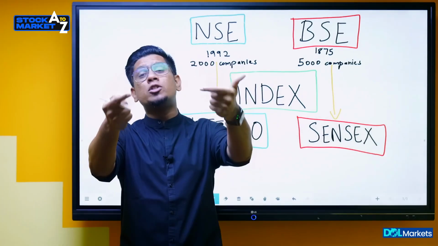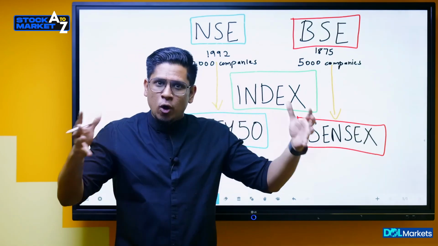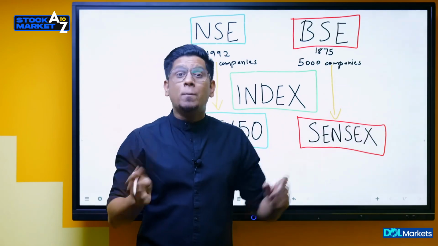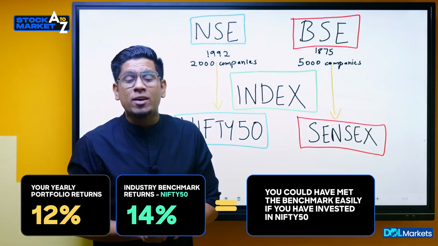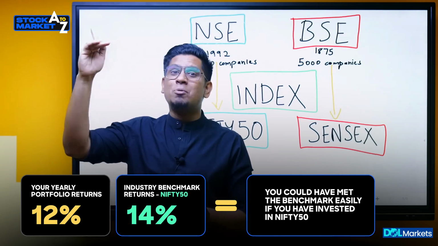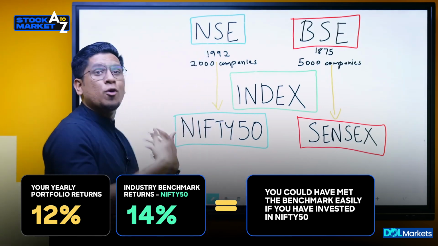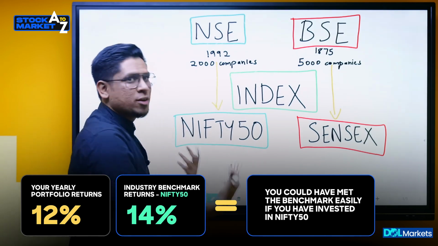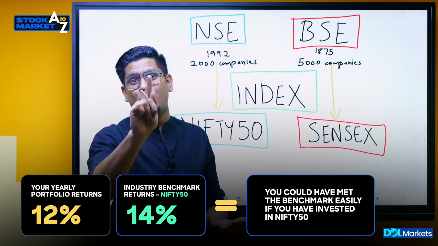Now, if you have been investing in a portfolio of stocks or a portfolio of mutual funds for the last 10 or 15 years, but your investment portfolio has only given say 12%, then it's said that you have not hit the benchmark, because Nifty 50 itself gave 14% returns. So you could have only put your money into all the 50 stocks in Nifty 50. You could have easily made that 14%.